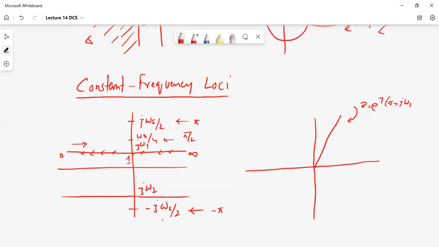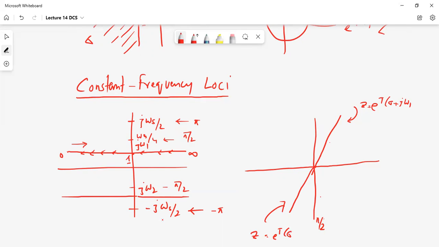Now the other one is very close to minus pi by 2, basically greater than minus pi by 2. This is your pi by 2 line and minus pi by 2 line, so it has to be somewhere here. One line may be there and the other one is here, and this is related to z equal to e to the power T sigma plus j omega 2.